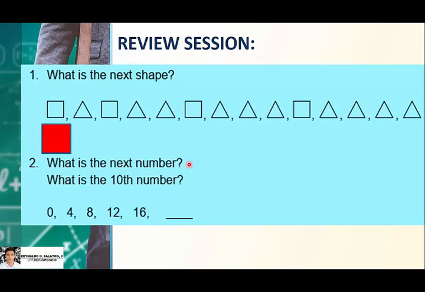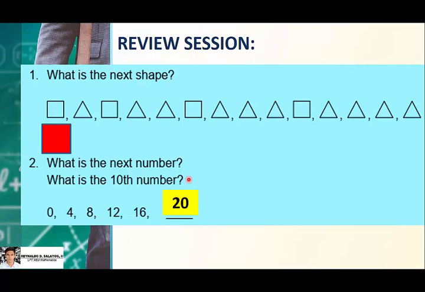So to get 8, you should add 4 to 4, and you should add 4 to 8 to get 12, and therefore the next number after 16 is, you're correct, it should be 20. And as what you observe, 20 here is the sixth number. Let's answer the second question.